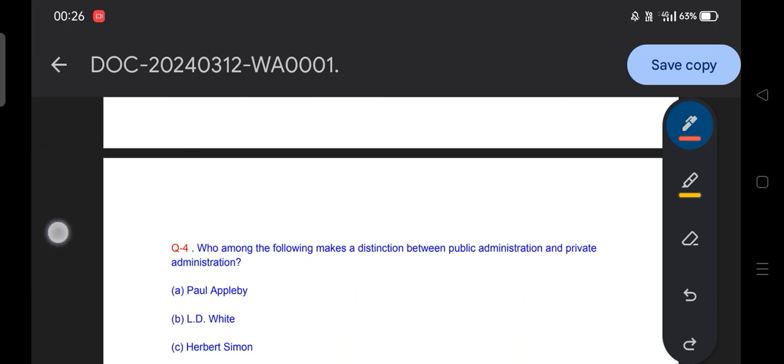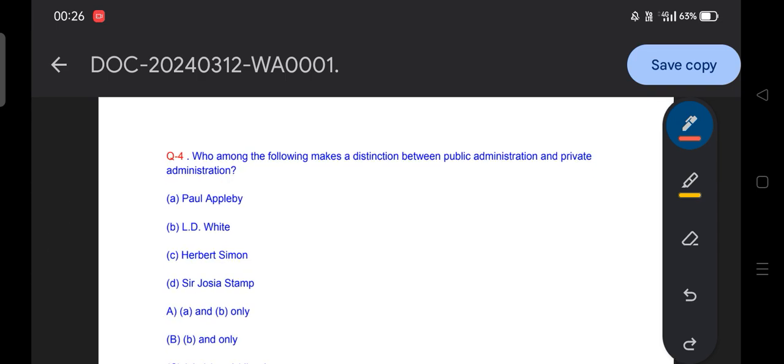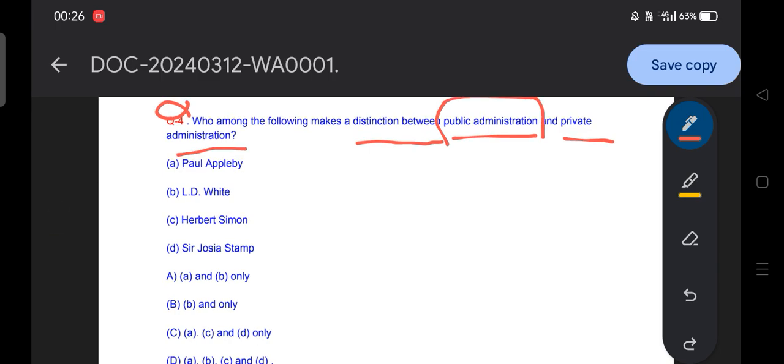The next question, question number 4: who among the following makes a distinction between public administration and private administration? That talks about the scholar who believes there is a distinction between public and private administration. Both are not similar, they differ in many aspects.